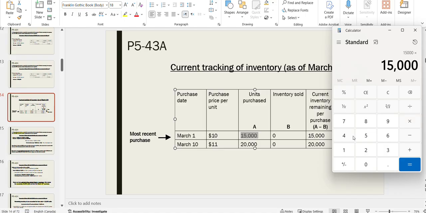So 15,000 multiplied by 11 is 165,000, plus 150,000 makes it $315,000, which shows the cost of goods sold of our sale.